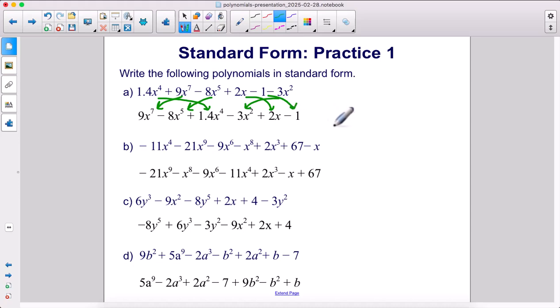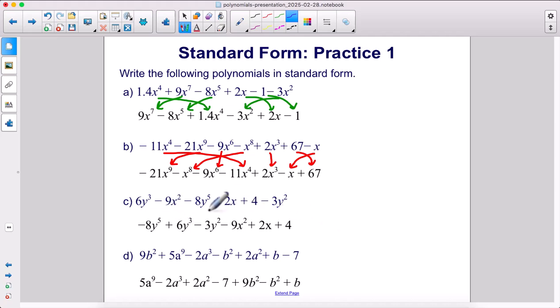All right, here we have x to the 9th is our highest degree. Then we have the x to the 8th term. Don't forget to bring the negative signs with the terms when you're reorganizing them. We have x to the 6th, x to the 4th, x to the 3rd, x to the 1st, and x to the 0 power. Here we have x's and y's.